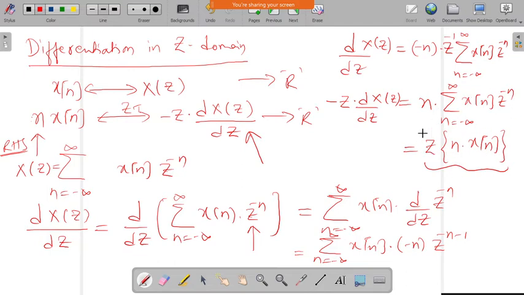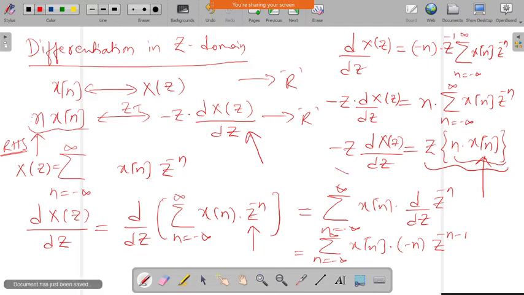So, we can write it as the z transform of n into x of n. What is the corresponding z transform? It is minus z into dx of z by dz. Now, what is the input signal we need to provide? It is n into x of n. So, that is what we are going to get here. If we have an input signal n into x of n, then you will get the corresponding differentiation in z domain. Okay. Is it clear? Any doubt?